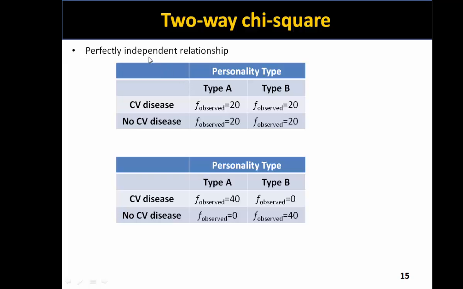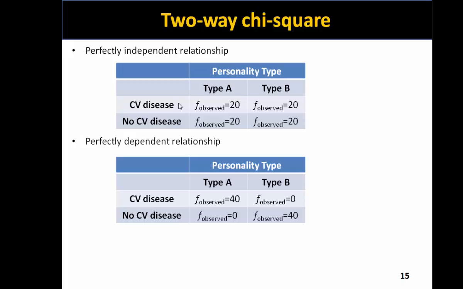This is termed a perfectly independent relationship. There is no obvious pattern of whether individuals of a particular personality type have the presence of cardiovascular disease.